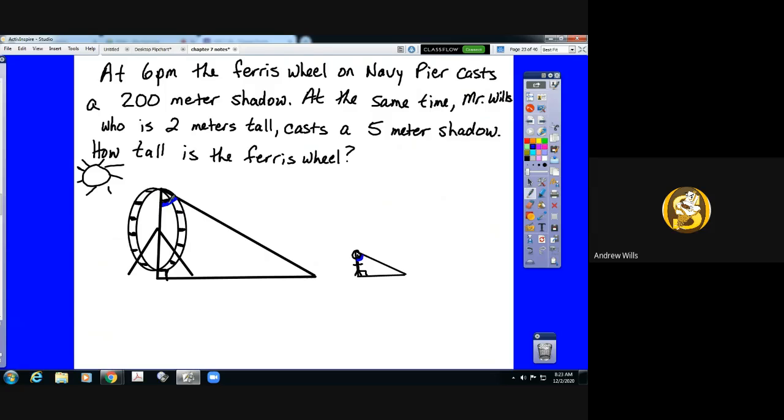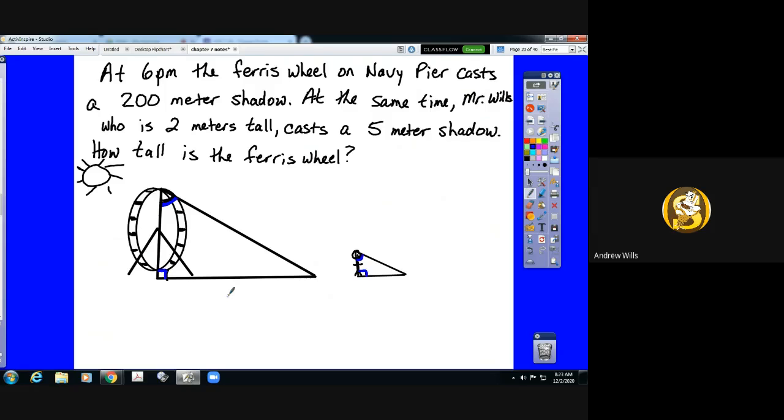Not that that's important, but basically in every shadow problem, that top angle will always be congruent. And then we've always got a right angle down here on the ground between the person and their shadow, which is on the ground. So that gives us two angles. That gives us angle-angle congruence. Okay? So let's label our pictures here.